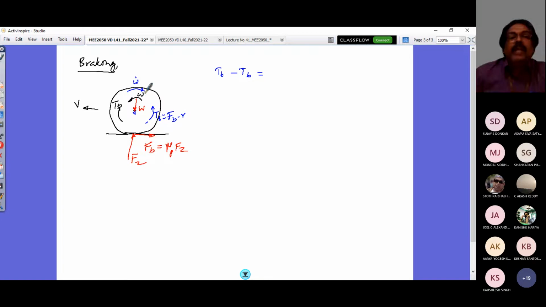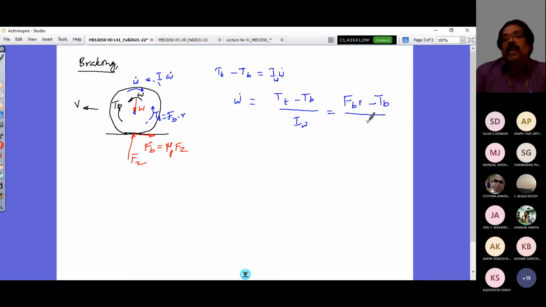If this is my angular acceleration, there will be inertia torque, that is I times omega dot, and that is what it is equal to. So I can get omega dot as Tt minus Tb by I subscript W, that is the wheel rotational inertia. This Tt is nothing but the braking force FB into R, minus Tb, the applied torque, divided by I. Omega dot is going to be equal to the angular deceleration. This is the simple equation that I get out of this free body diagram.